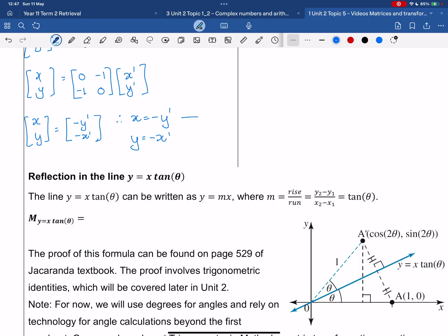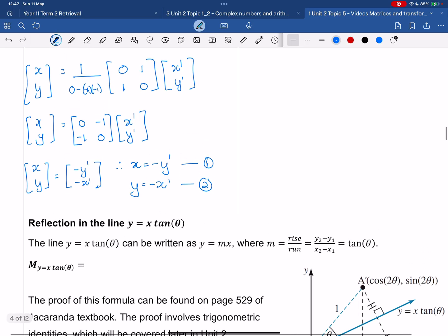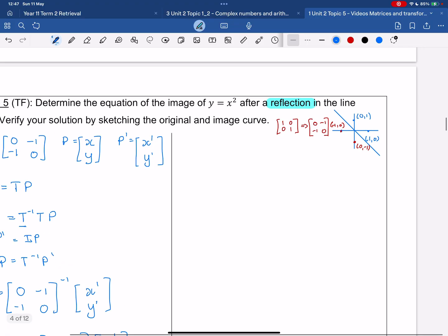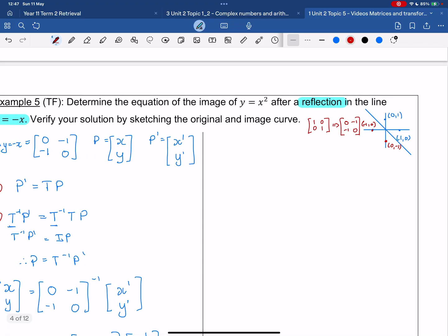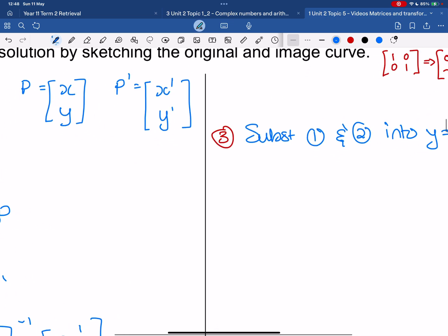And that's equation 1, and that's equation 2. All right, our next step is we're going to substitute those into our original function. So we substitute equation 1 and equation 2 into y equals x squared.